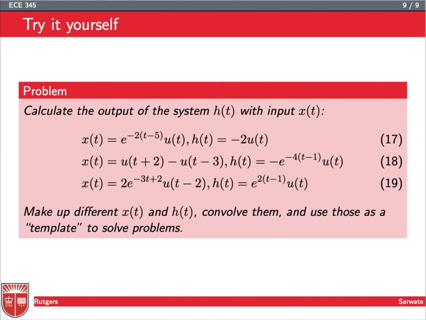And if you want some more practice, you can make up different x of t and h of t and use the same argument of convolving them with total gain and total delay, and use those as more examples. And if you want to try this whole process of designing a template, try to pick two signals maybe that we haven't considered here as an x of t and h of t, try to convolve those, and then realize that you can apply the delays and gain property to calculate the outputs for manipulated versions of those signals.